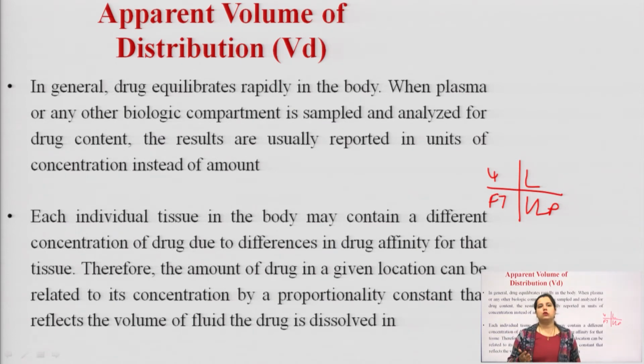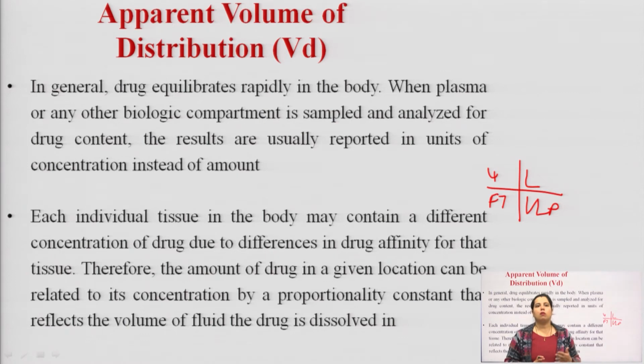So, each individual tissue in the body may contain a different concentration because of these different characteristics. Because they have low perfusion rates, that means blood flow is not that good, they may have lesser binding as compared to the organs with higher blood flow or vascularity.